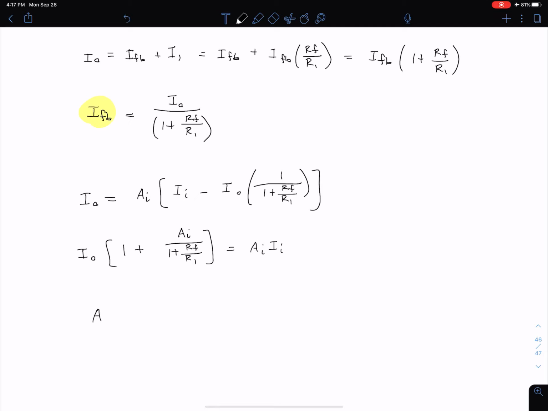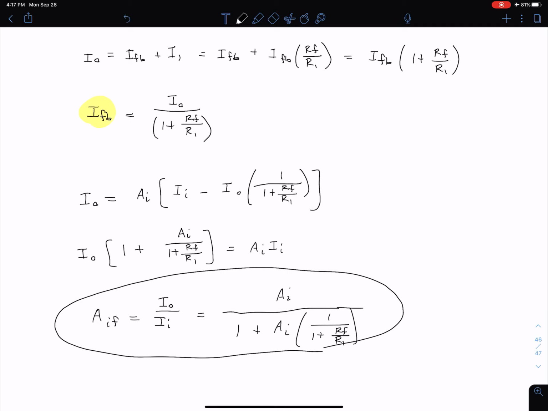And so from here, it's pretty easy to find our closed loop gain, which is again equal to our output current divided by our input current. And we see that is equal to our A sub I in the numerator divided by 1 plus A sub I times the quantity of 1 over 1 plus RF over R1.